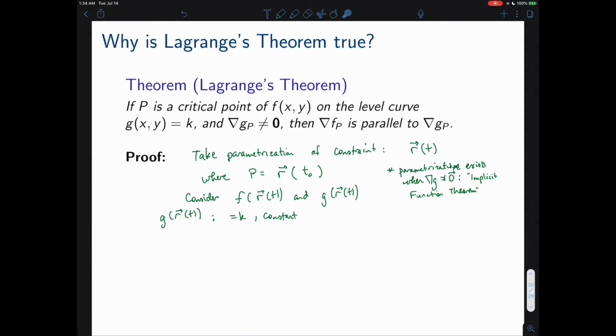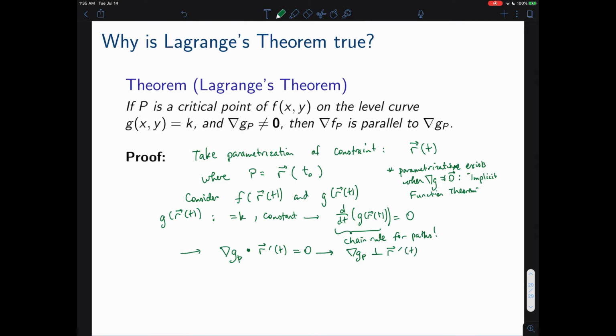At all these points, g of these points equals k. So that means that the derivative of this is 0. But what's that derivative of g of r(t)? That is the chain rule for paths. So we get that the gradient of g at this point P dotted with the derivative r'(t) is 0. So in other words, the gradient of g is perpendicular to r'(t).